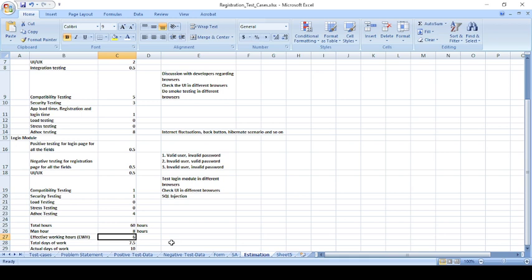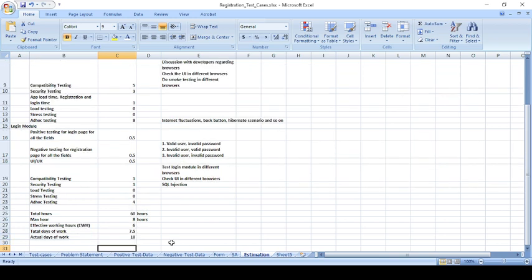So say if my effective working hours is 6 hours, then in how many days will I be able to do the job? 60 divided by 8 is 7.5, or 60 divided by 6, that is 10 days. So the answer is I will be able to complete the task in 10 days because my effective working hours is 6.